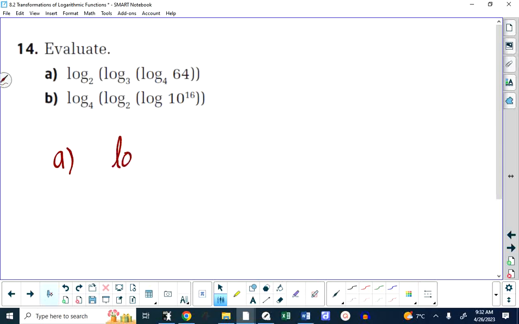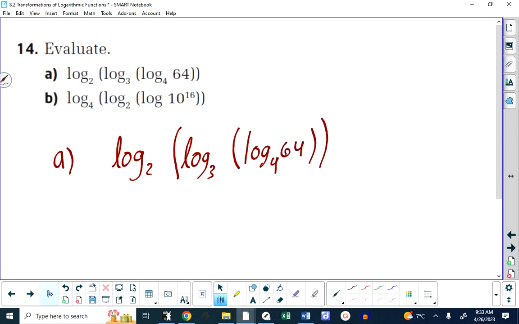And this says we want to take the base 2 logarithm of the base 3 logarithm of the base 4 logarithm of 64. So we're going to start on the inside, and we're going to say, what is the base 4 logarithm of 64?